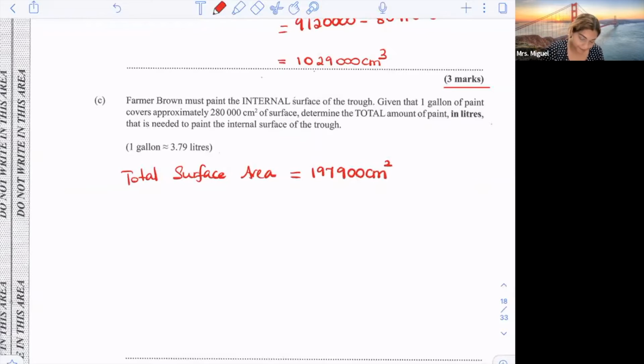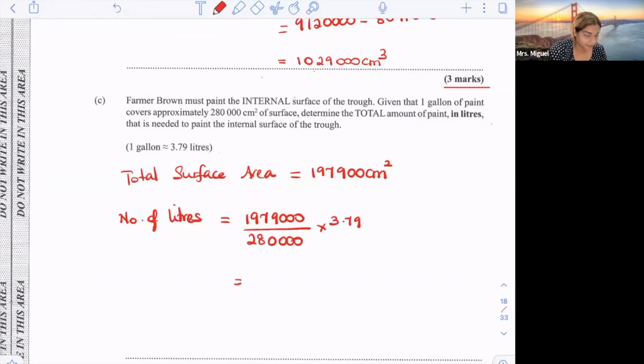So to find the number of liters, we will divide 197,900 over 280,000 multiplied by 3.79. And that will give us how much paint he needs.